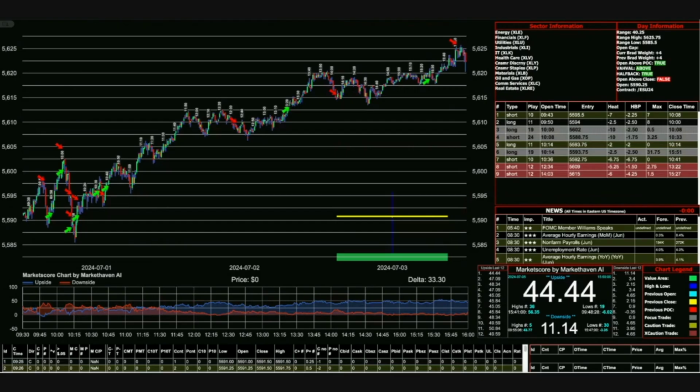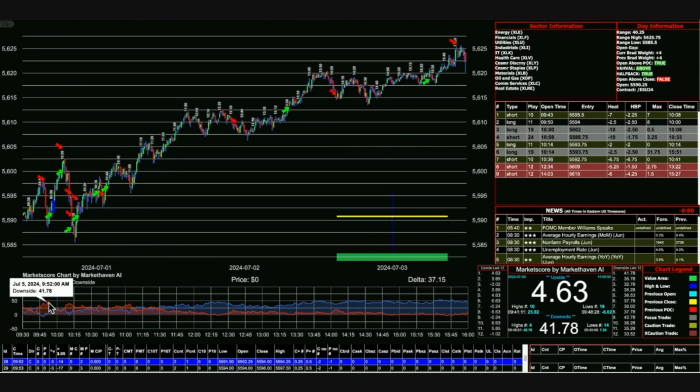So we're going to go to the next one. Same kind of thing. We start off this day, and this is the interesting part, even with the downside on top. And every time I watch Marketscore operate, it's very interesting to me how this works. But even with the downside score on top, look at how many new highs there are for the upside versus the downside.